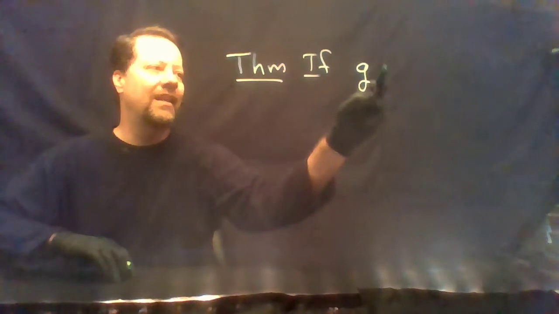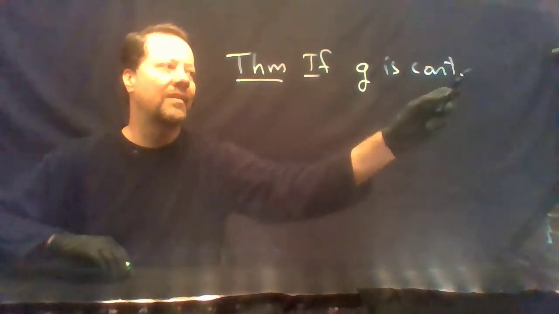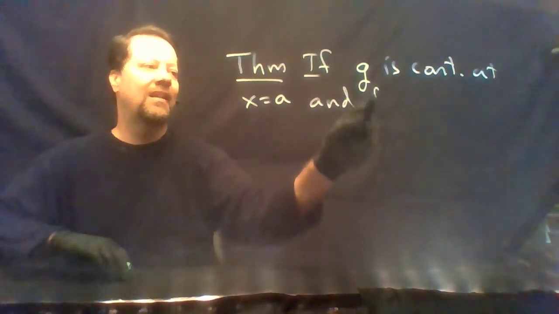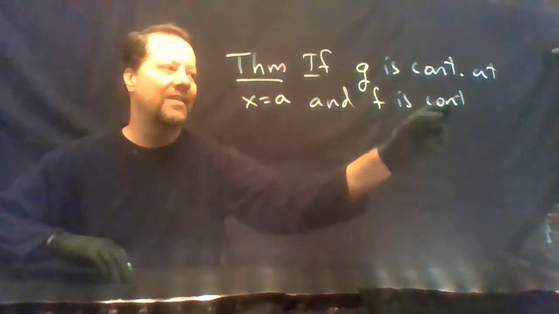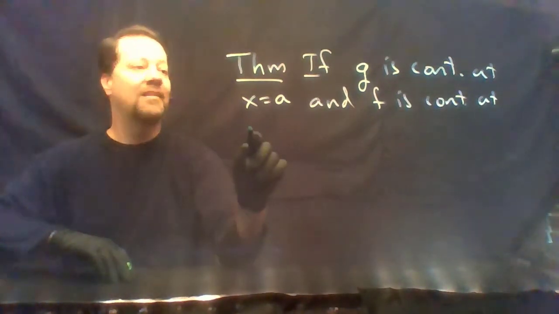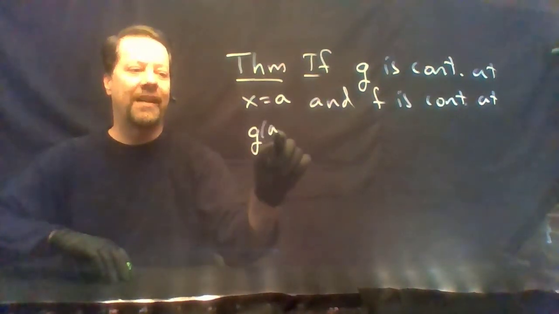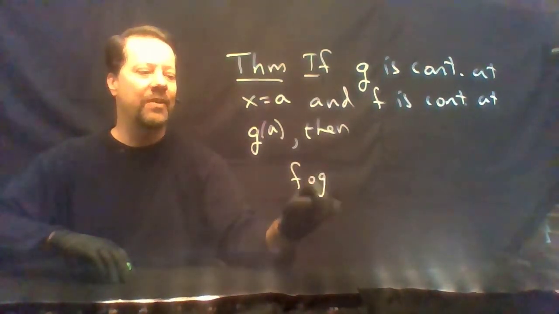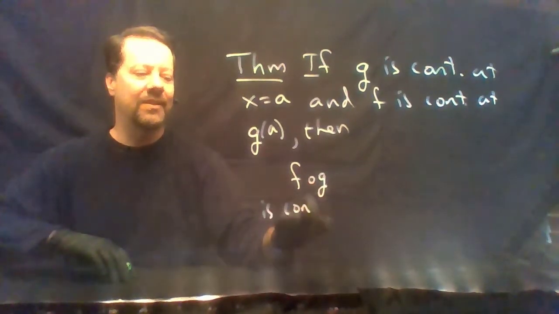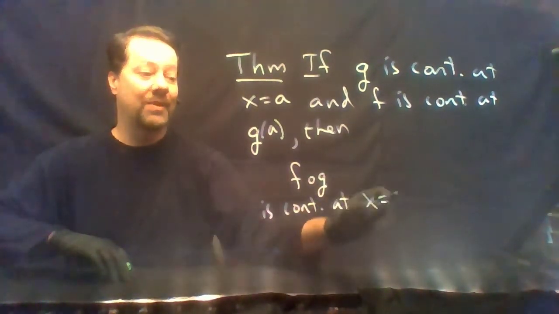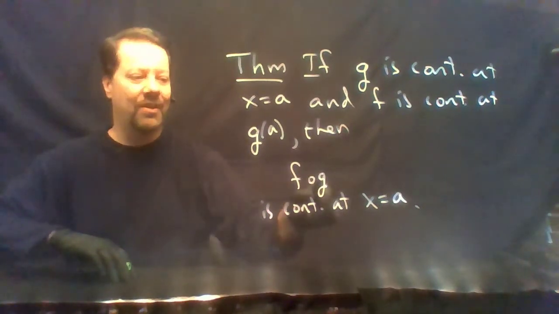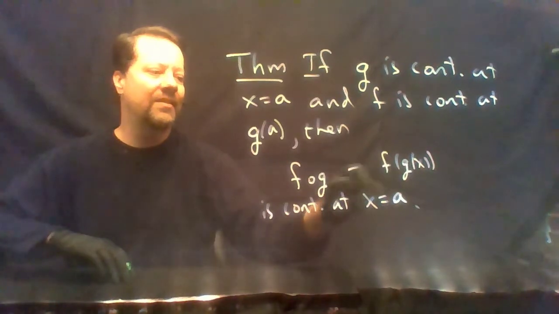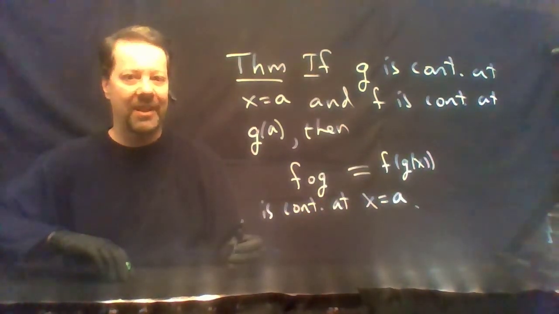If g is continuous at x equals a, and f is continuous at g of a, then f composed with g is continuous at x equals a. After all, f of g of x is f composed with g.